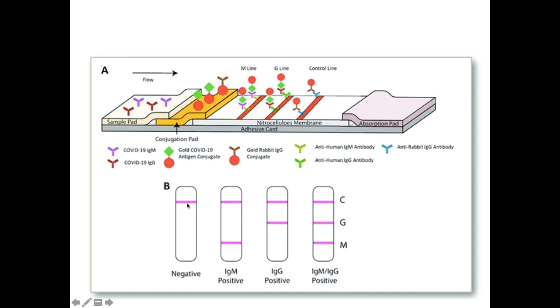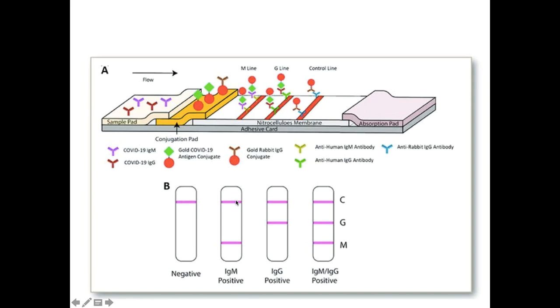So in that case, we will only get a single band in the area of the control line. The other case: if the patient is infected with SARS-CoV-2 and the infection is recent, the patient primarily raises IgM antibodies. In that case, we will get two lines, one in the IgM and the other in the control.